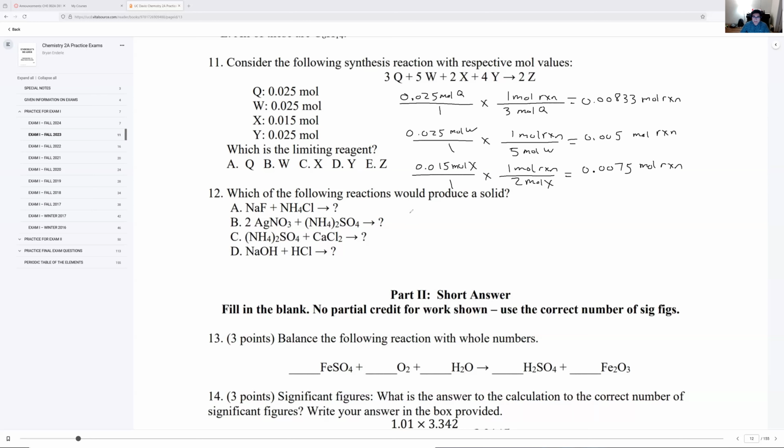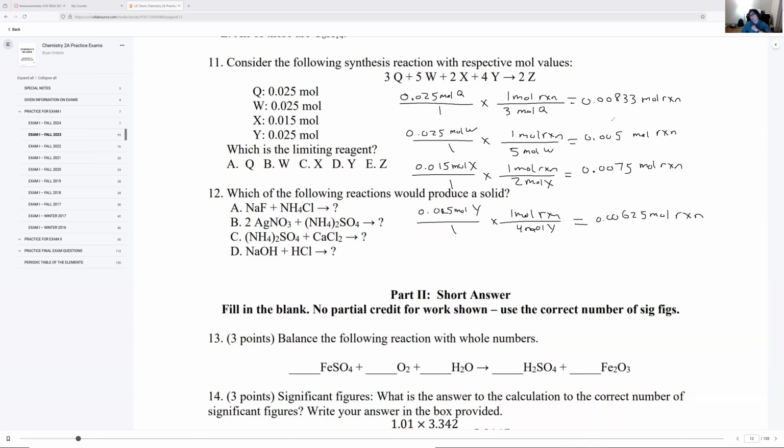And then for Y, we do the same thing. 0.025 moles of Y, 4 moles of Y, 1 mole of reaction. 0.00625. And then we just look at which one is the smallest, right?